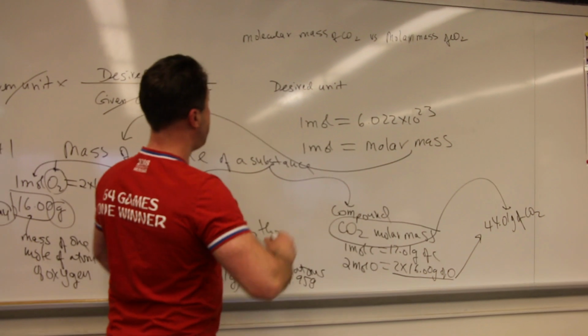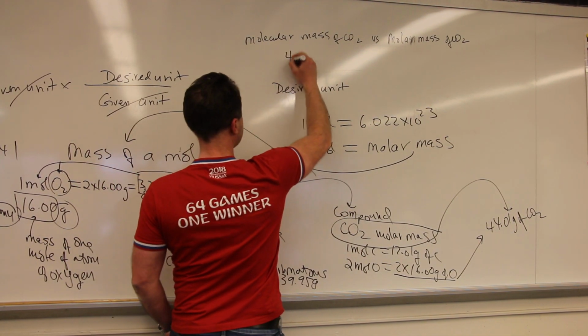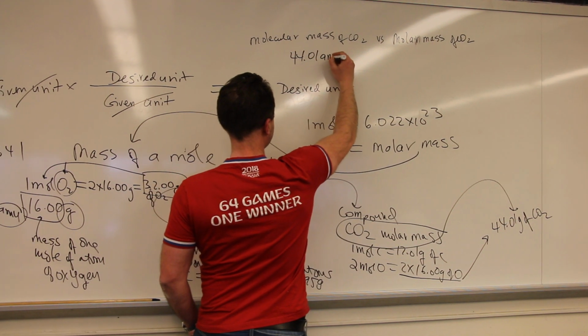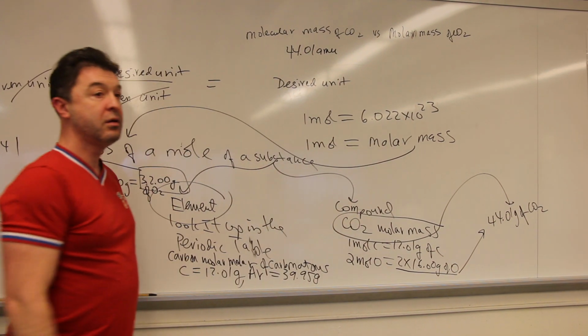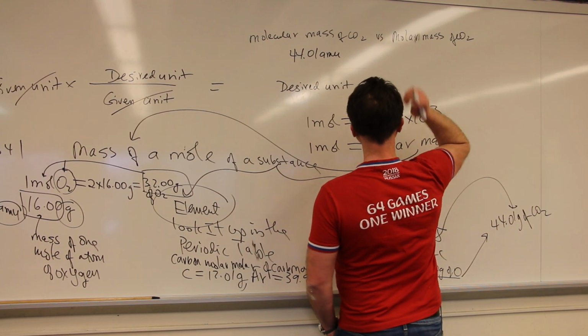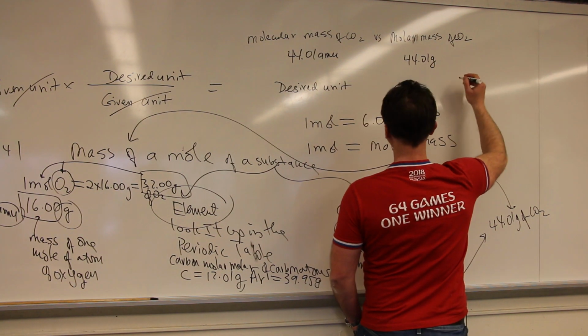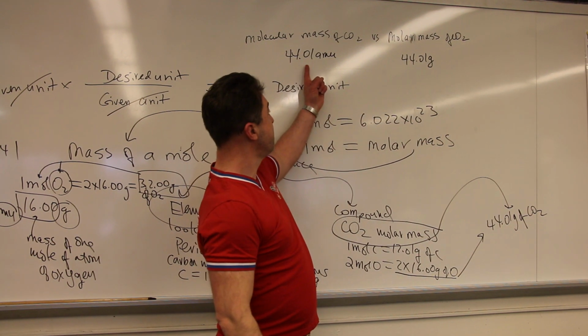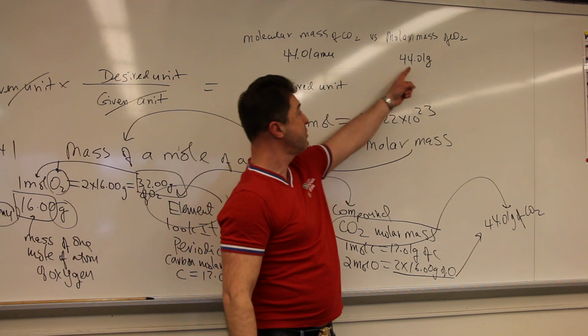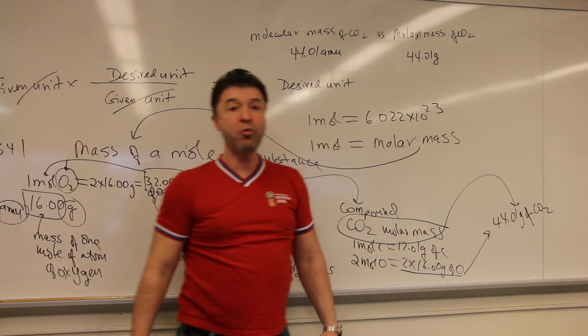The molecular mass is the mass of 1 molecule of CO2, and we always use AMU units to represent that mass. In the molar mass, we have the mass of Avogadro's number of molecules. So this is 1 molecule versus 1 mole, an Avogadro's number mass, and that will be 44.01 grams.